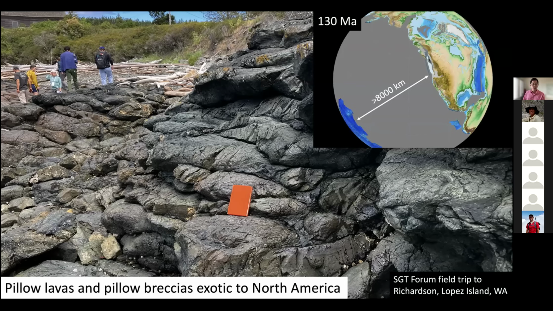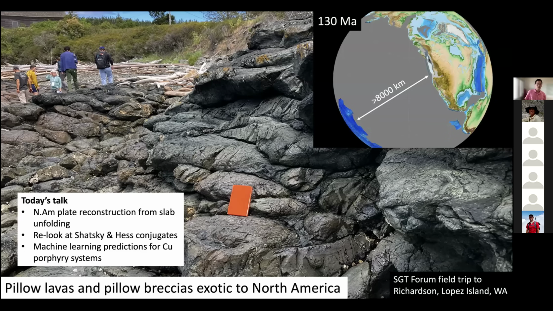We saw some nice exotic pillow lavas and pillow breccias that were probably of early Cretaceous age. If we try to put that as a pin on this map back to 130 million years ago, there's an immense space that could be put into, over 8,000 kilometers. And so those kinds of challenges motivate us.